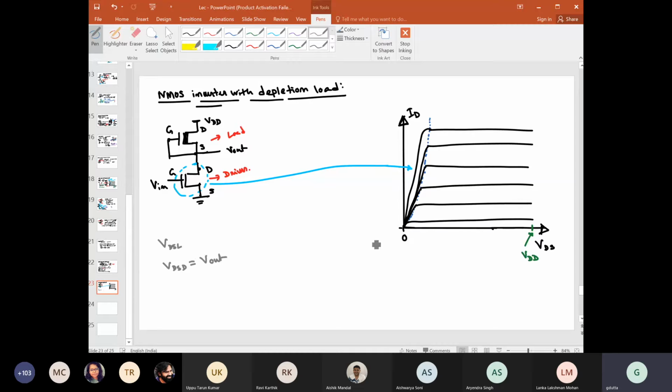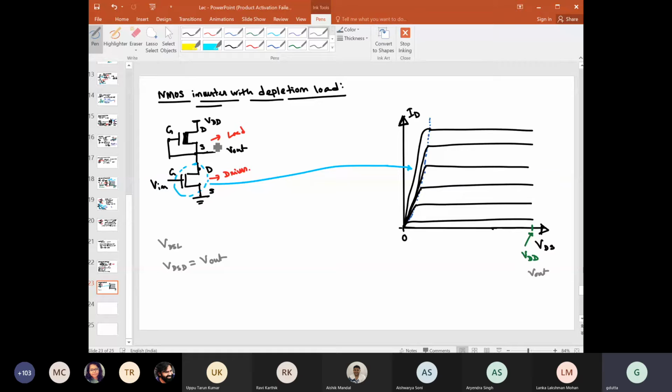right? And if you intend to plot the voltage transfer characteristics from this type of plot, and this is the characteristics for this MOSFET, then obviously this axis is also the V out, right? Okay. Then what about this?